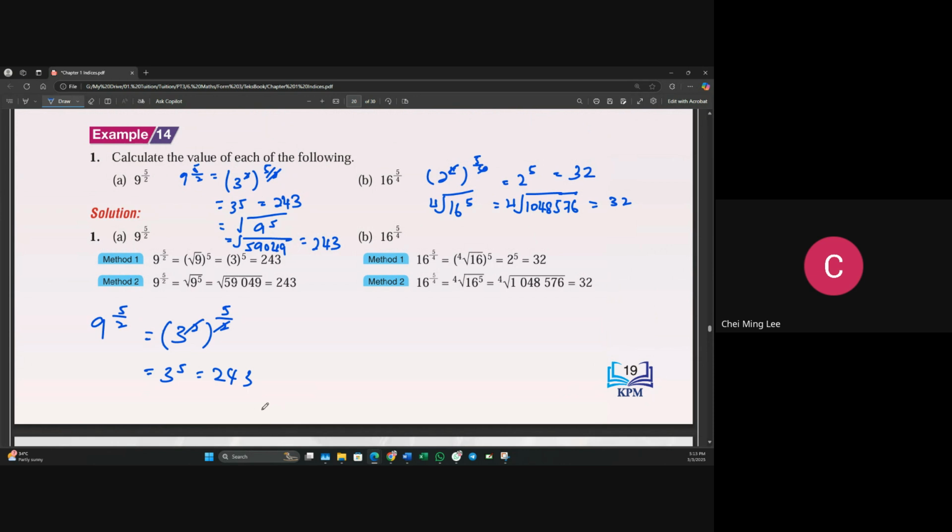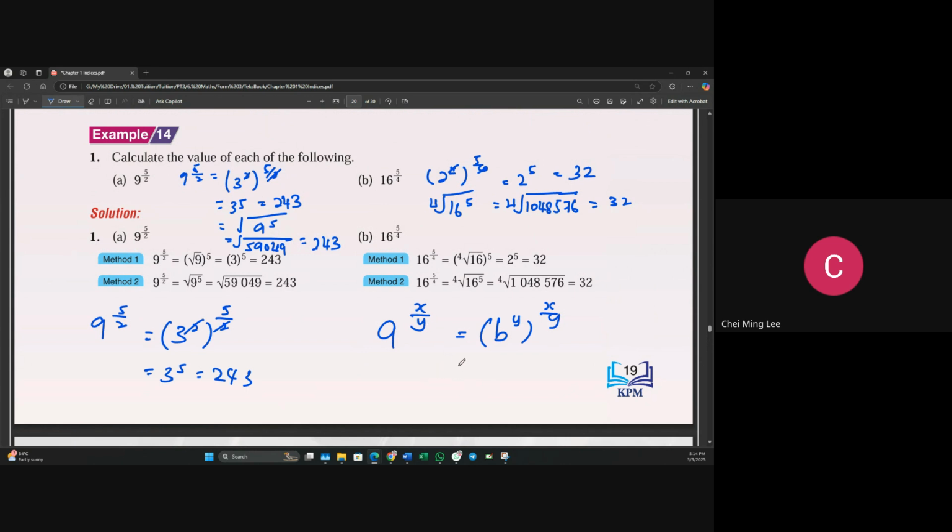Normally, the questions will allow you to change, for example, a to the power of x over y. Normally, it will let you do it as the y-th root of a, to the power of x. Normally, you will be able to get this.